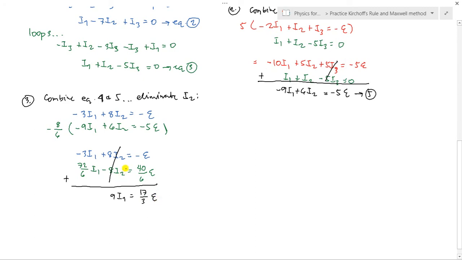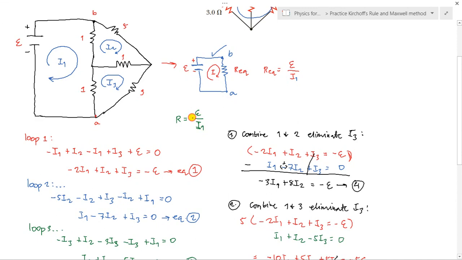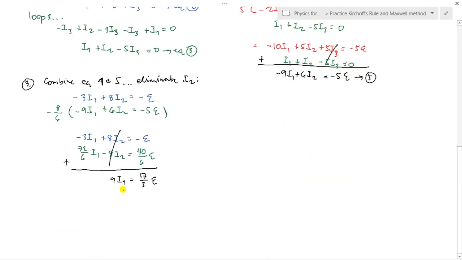Since in order to solve for the equivalent resistance, as I said earlier, we need an expression of E over I1. So dividing both sides by I1 and 17 over 3, the I1 times 17 over 3. Okay, the result cancels out. This would be cancel out. This would be cancel out.